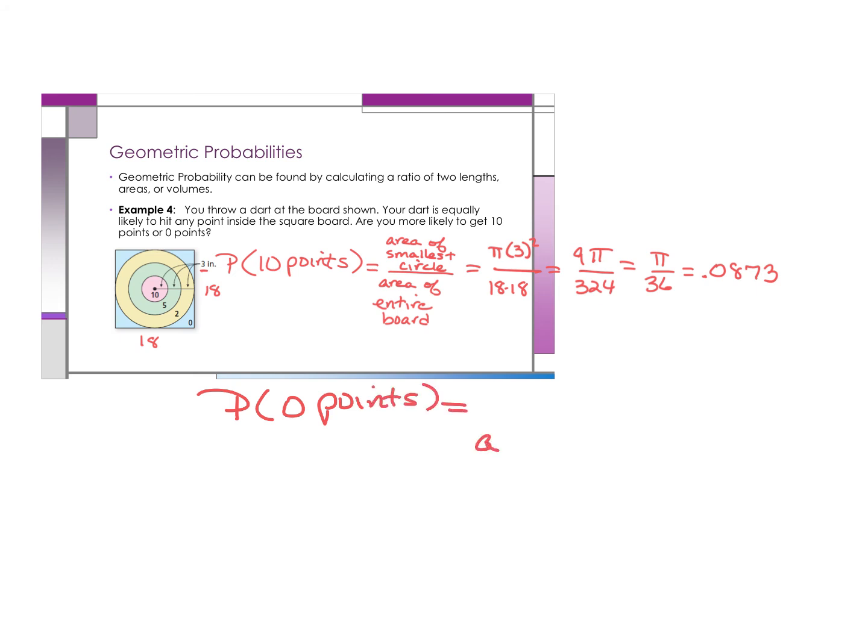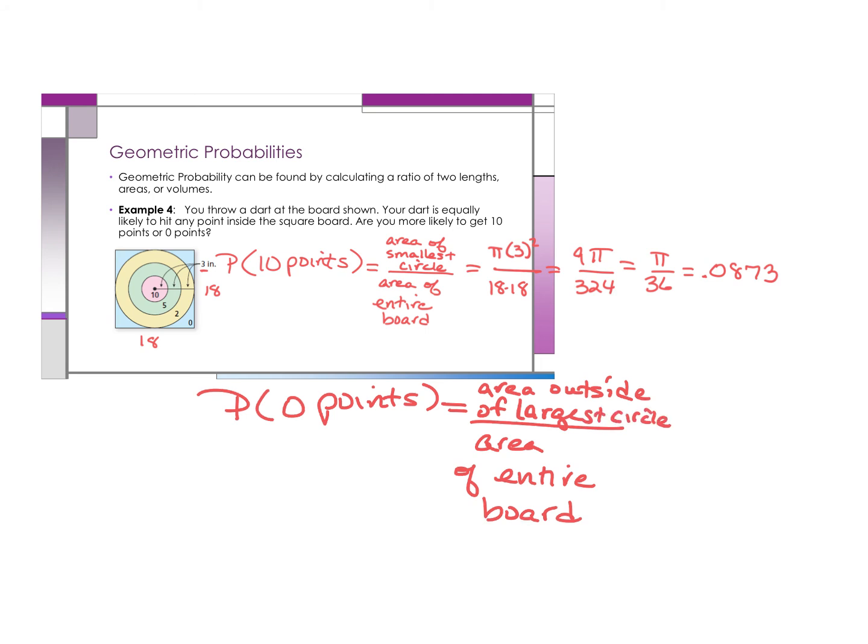again, we're going to do the area of the entire board as the denominator. But for the blue area, it's going to be the area outside of the largest circle, which is that blue part.